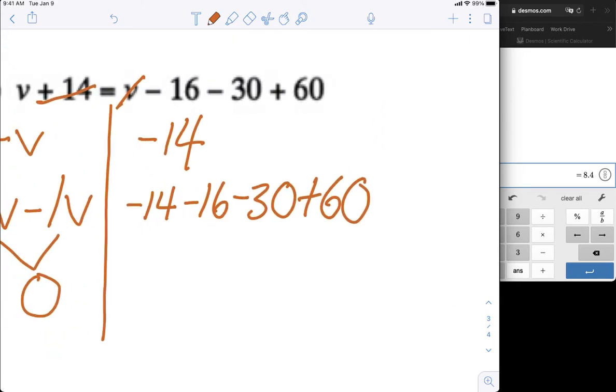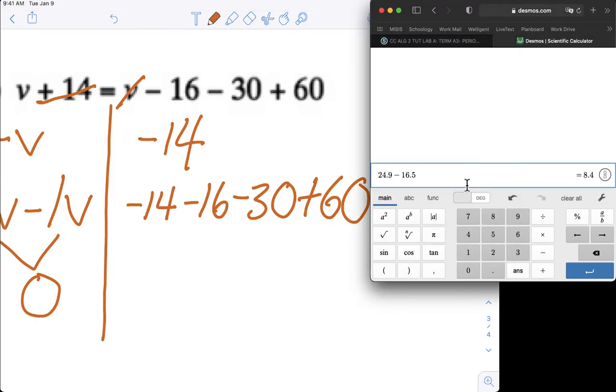So now let's use our tools. Let's use the tools that we have, which is our calculator. So let us clear. So minus 14, minus 16, minus 30, plus 60.